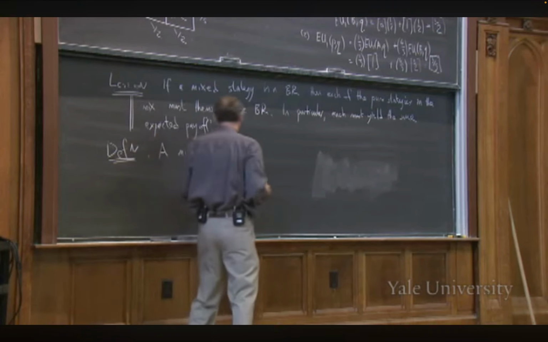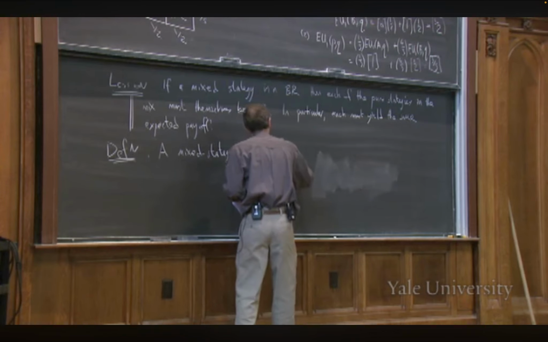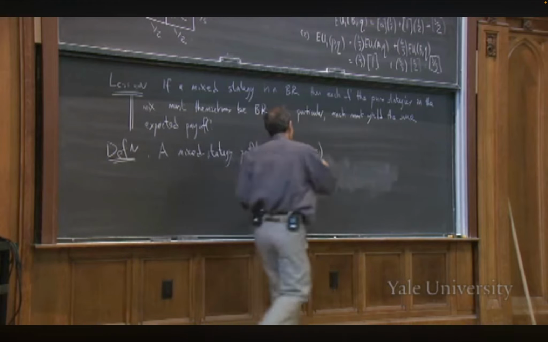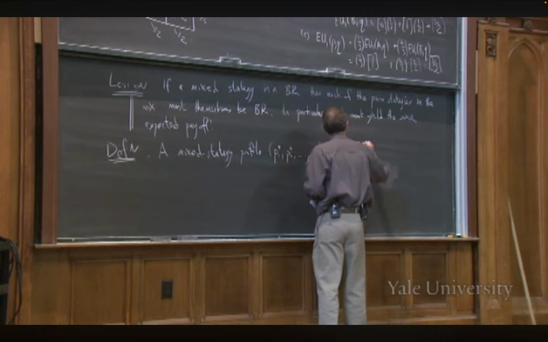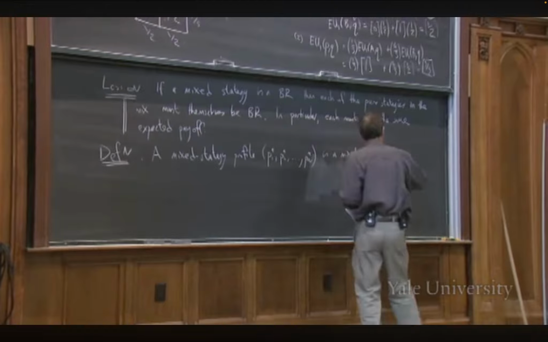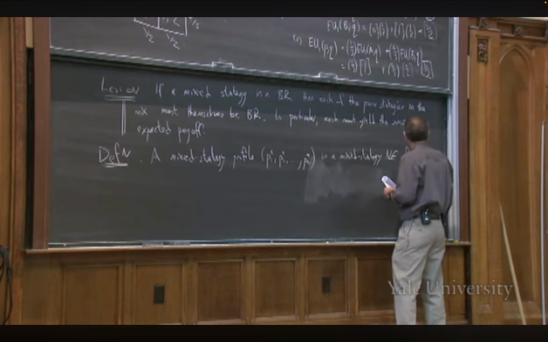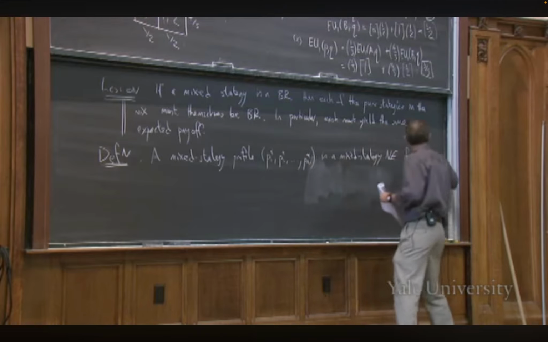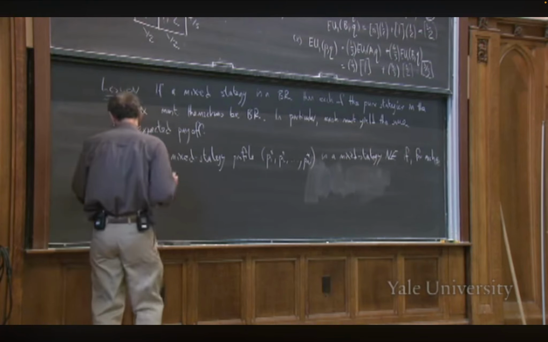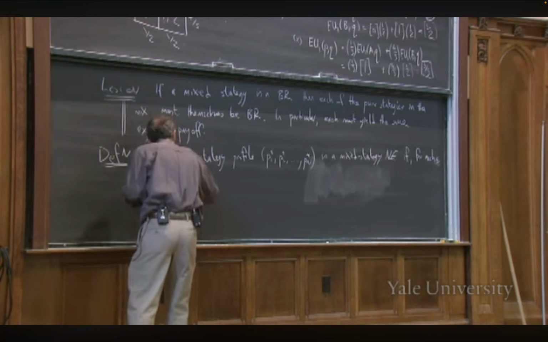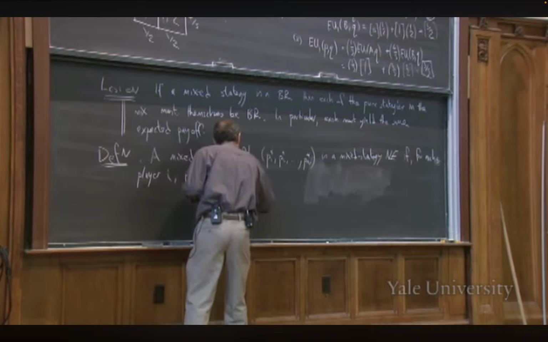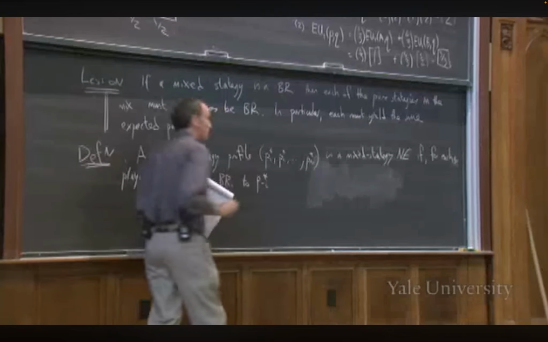So a mixed-strategy profile, P1 star, P2 star, all the way up to Pn star, is a mixed-strategy Nash equilibrium if for each player i, that player's mixed strategy, Pi star, is a best response for player i to the strategies everyone else is picking, P minus i star.